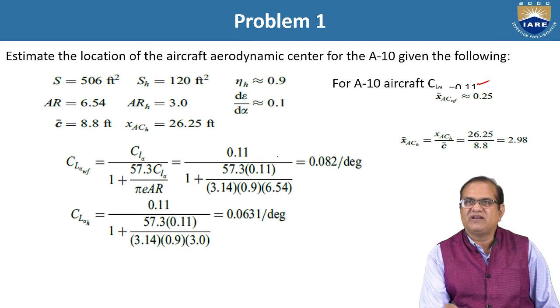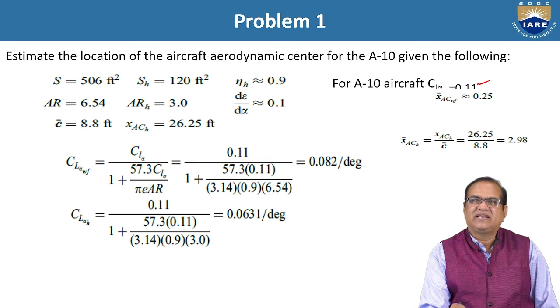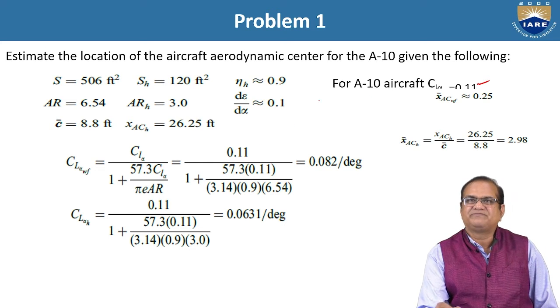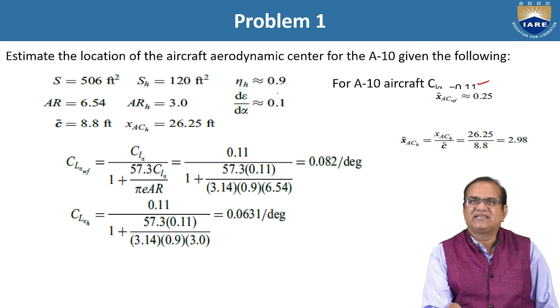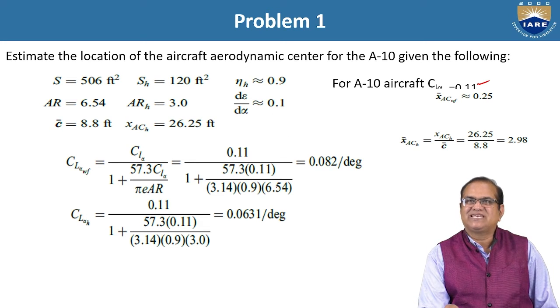Pi is 3.14. E is given as 0.9, and the aspect ratio is 6.54.